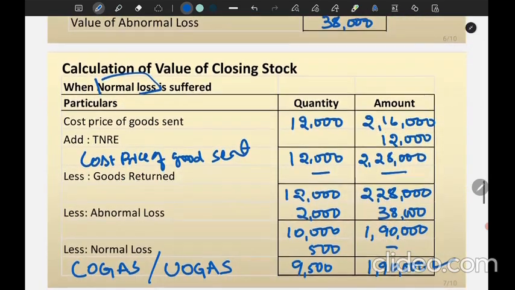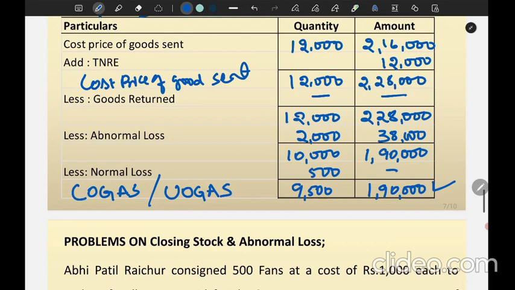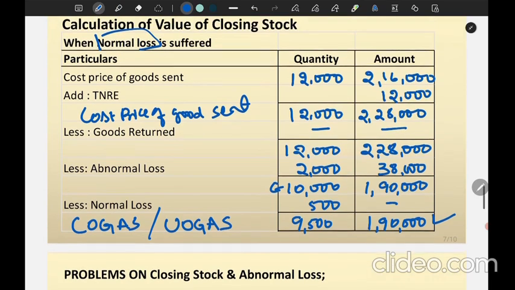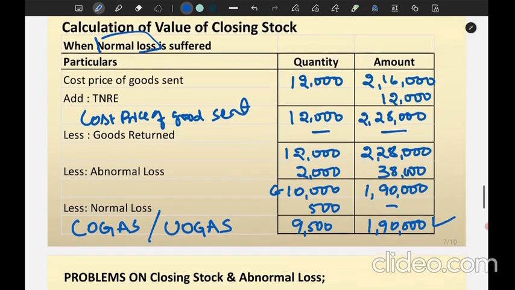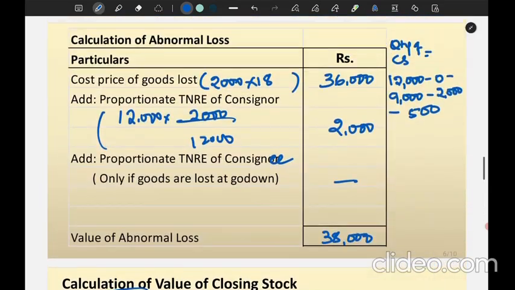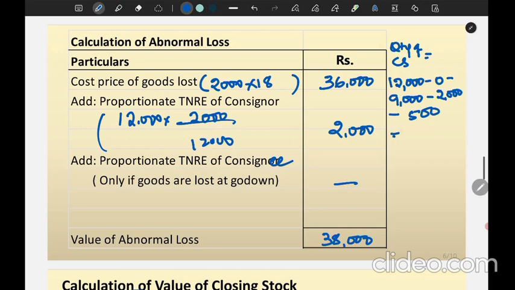Sir, how did you get 500? Remember, it is 5% of 10,000. It is given that normal loss is 5%, so 5% of 10,000 is 500. So you will get the quantity of closing stock as 500 kg.